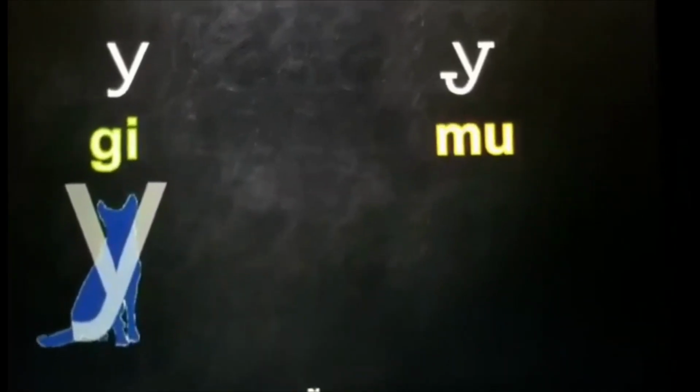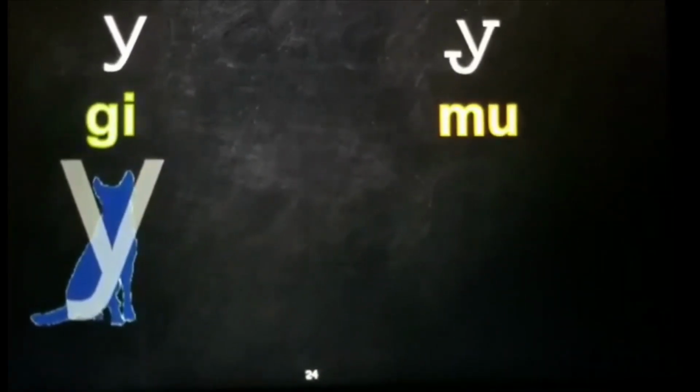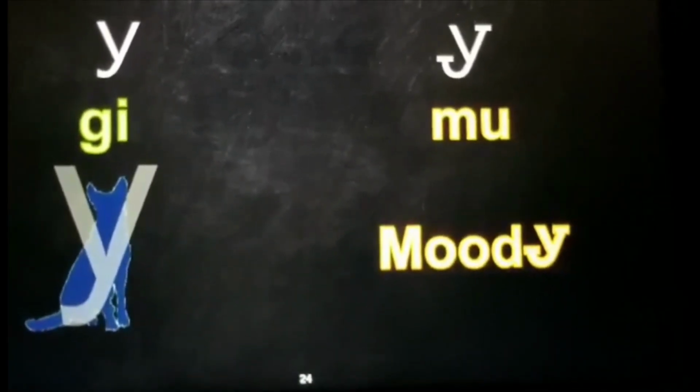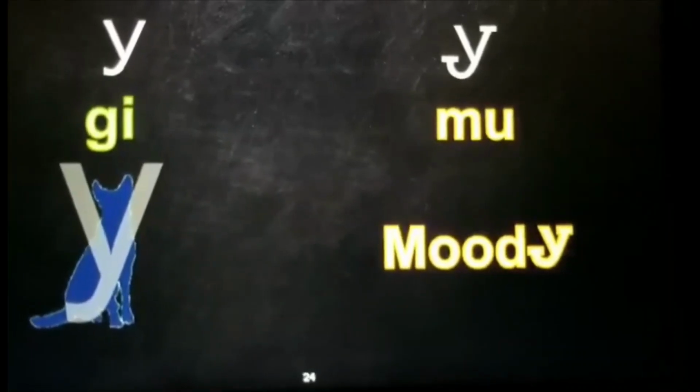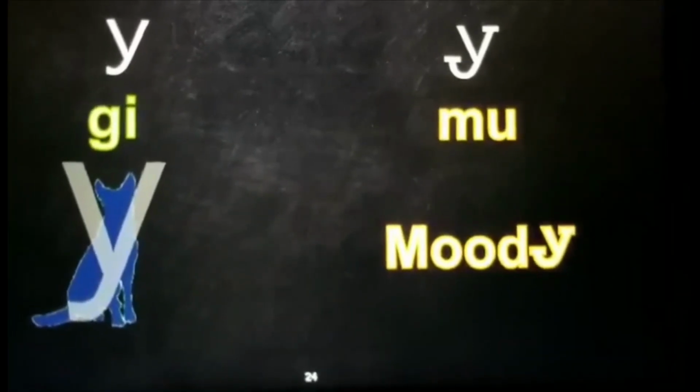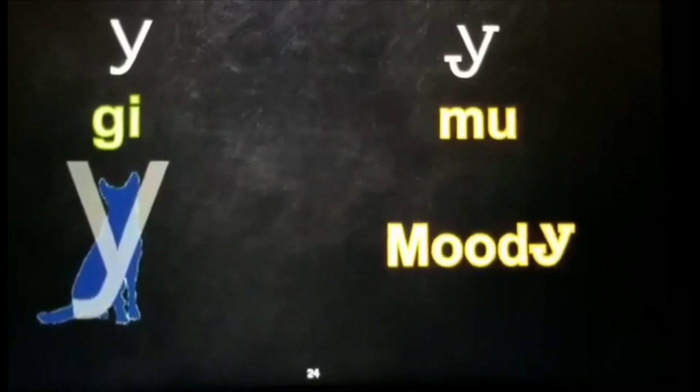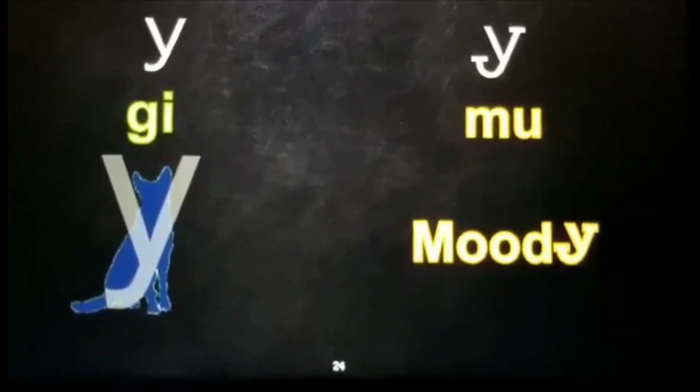That's basically the way you differentiate. It's kind of got a little more hook here. I think of moody because of the way you pronounce it, moo, as in moody. So that's how I tell those 2 apart.